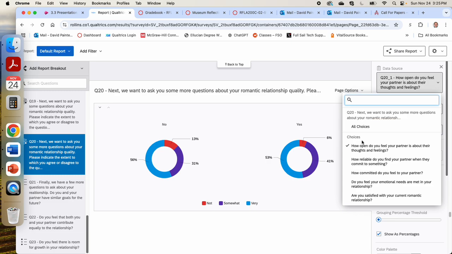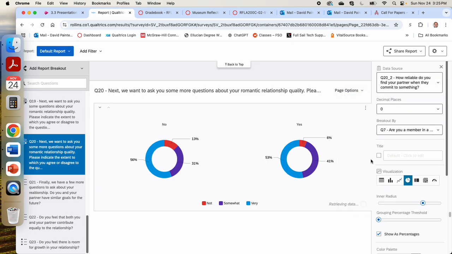Then you can go to different questions. How reliable do you find your partner when they commit to something? And 69% of members of Greek life say their partner is very reliable, whereas 81% of people who are not members of Greek life say their partner is reliable.